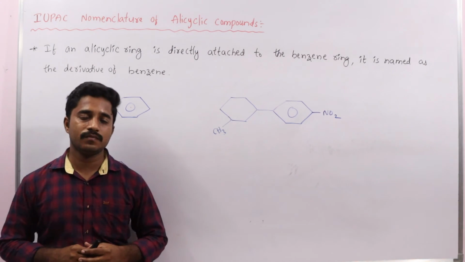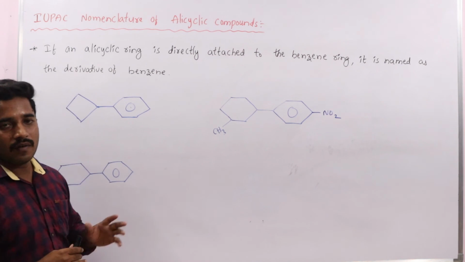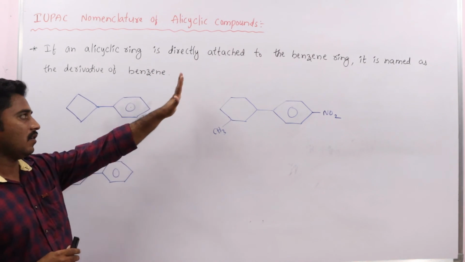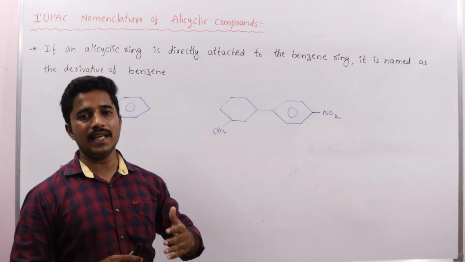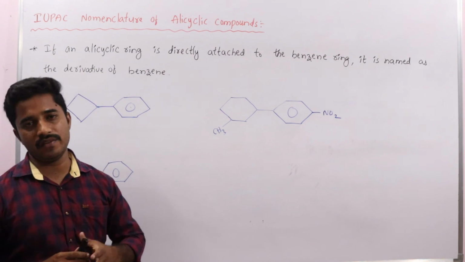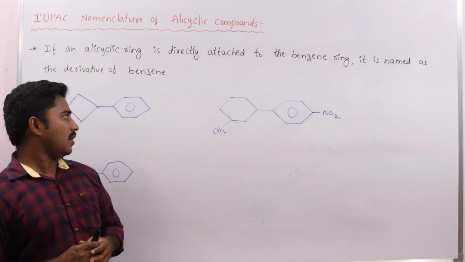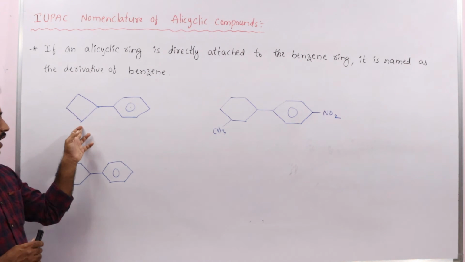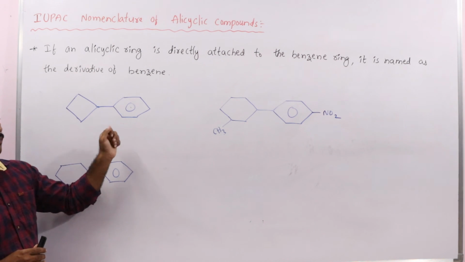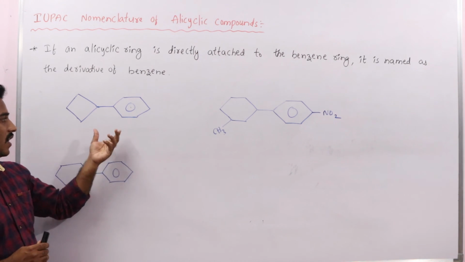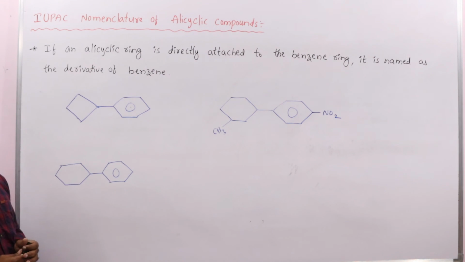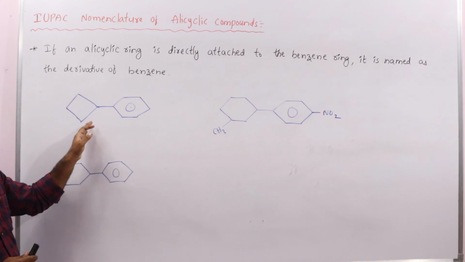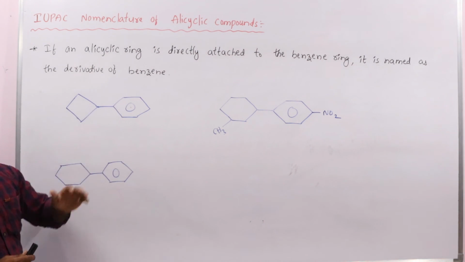Let us see this rule. In this rule, when an alicyclic ring is directly attached to the benzene, then it is named as a derivative of benzene. So here you see a cyclobutyl ring directly attached to the benzene ring. So we should write the name of this compound as cyclobutylbenzene. We are writing cyclobutyl as a substituent, benzene as the main compound.